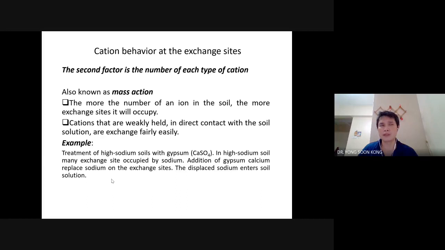Earlier when we learned about EC, electric conductivity, we learned about saline soil, remember? Saline soil is usually associated with soil that has a lot of sodium chloride. Soils that have high content of salt or sodium chloride will not have strength at all.